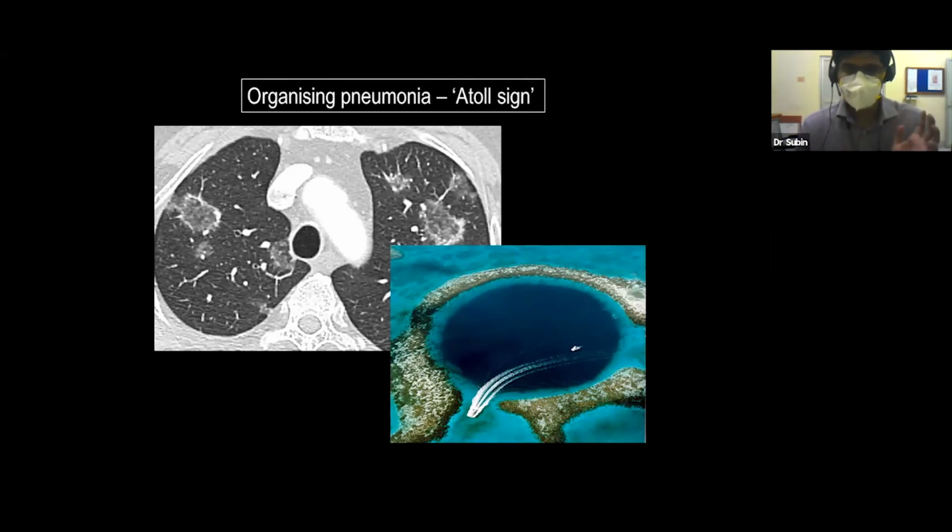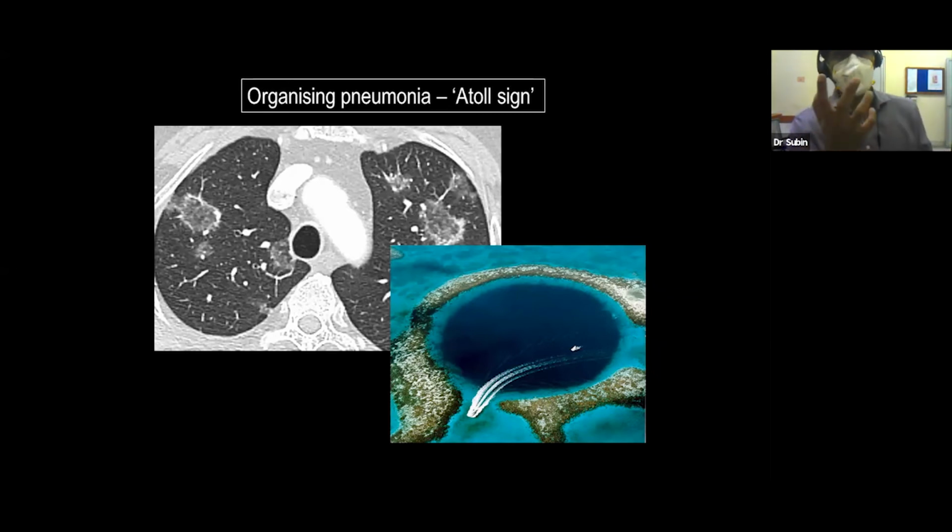Organizing pneumonia can have multiple ways of presentation. Organizing pneumonia is technically a pathological finding. It can be primary or secondary. Primary is what we call idiopathic or cryptogenic, when you don't know the cause. Secondary is when it is in relation to any infection.